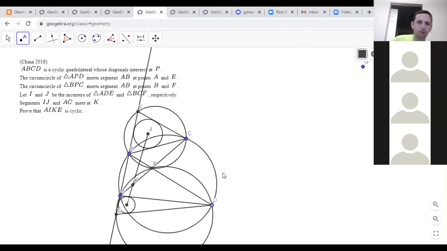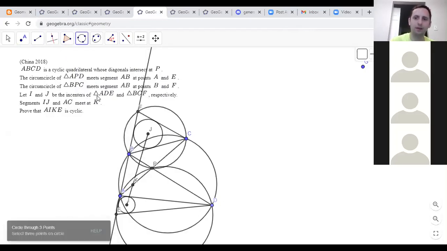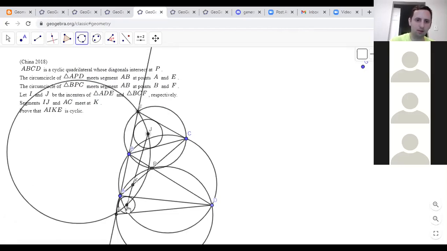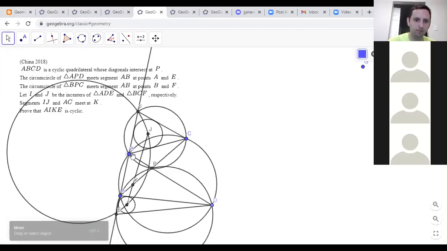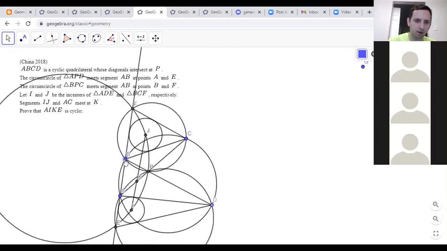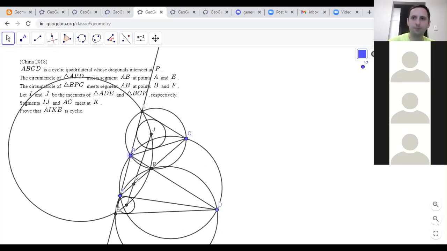Is it AIJ? No. I was going to say maybe AIJB is cyclic, but maybe it's FJIE. That would make a lot more sense. Yeah, I think it's probably FJIE. Although that doesn't look like it passes through E necessarily. Oh yeah, then what would K be?